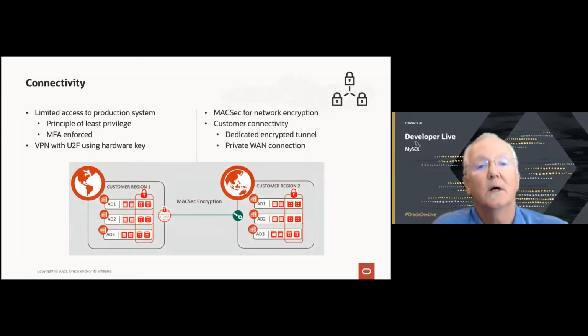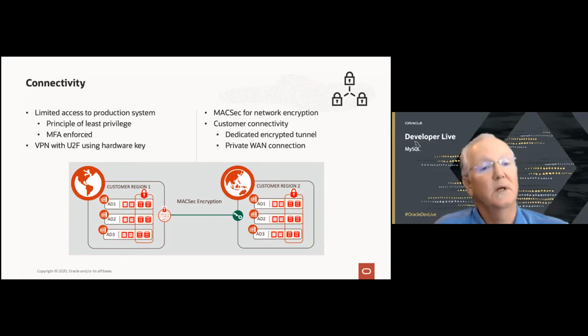Here we're using MACsec for connections between data centers. MACsec is very high speed, and it's a layer 2 network encryption protocol versus layer 3. This is important because it protects traffic such as DNS and ICMP, things that aren't covered by traditional layer 3 encryption.